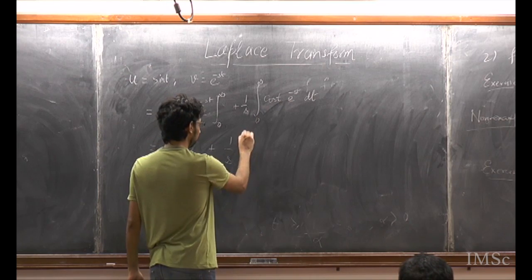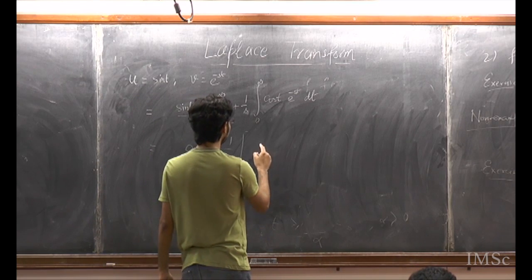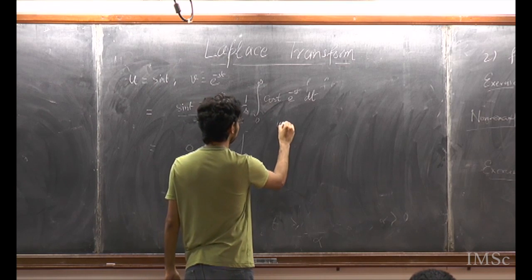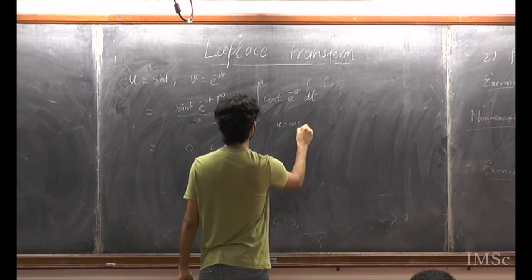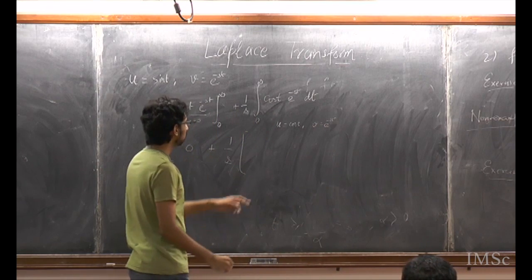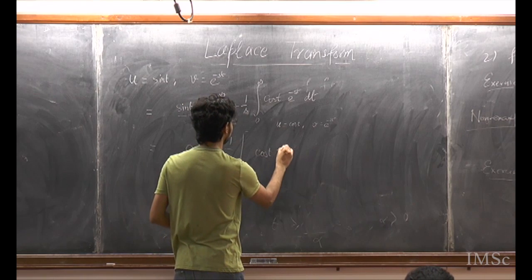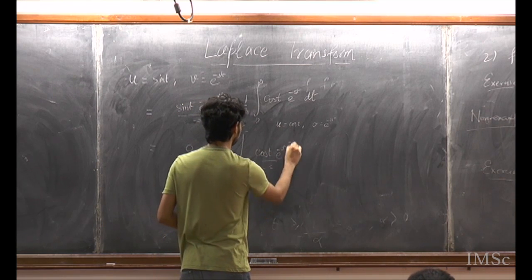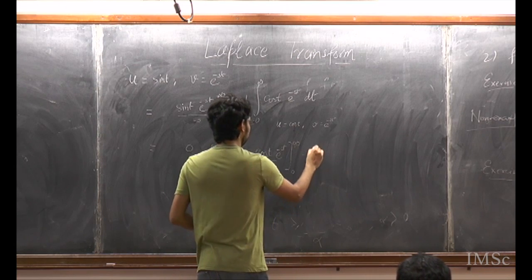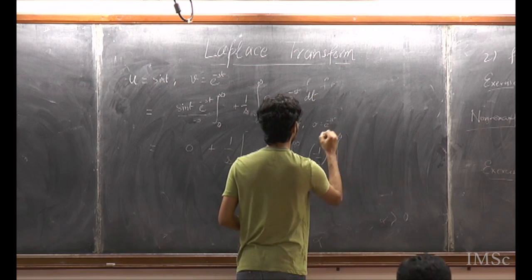So we can do the same game again. You can do the integration by parts. So now you take u equals cos t, v equals e to the minus st. So first you get cos t e to the minus st over minus s, 0 to infinity, minus 1 over s, 0 to infinity.